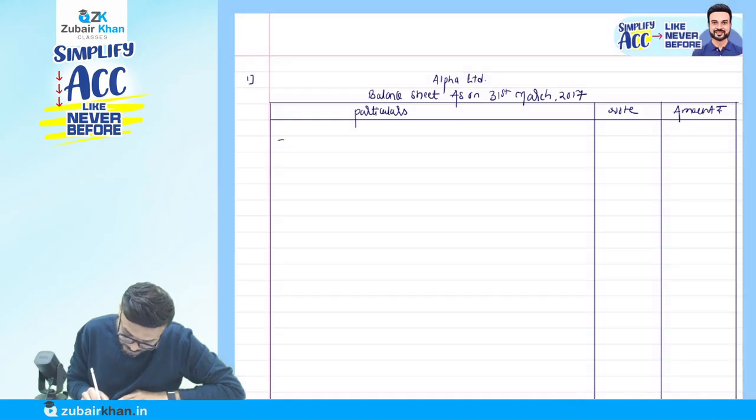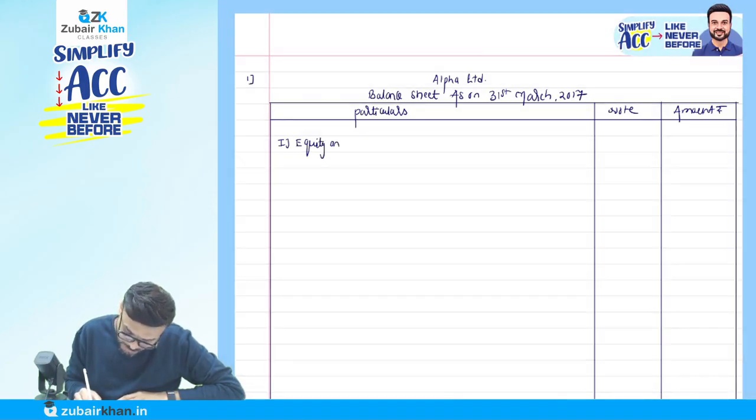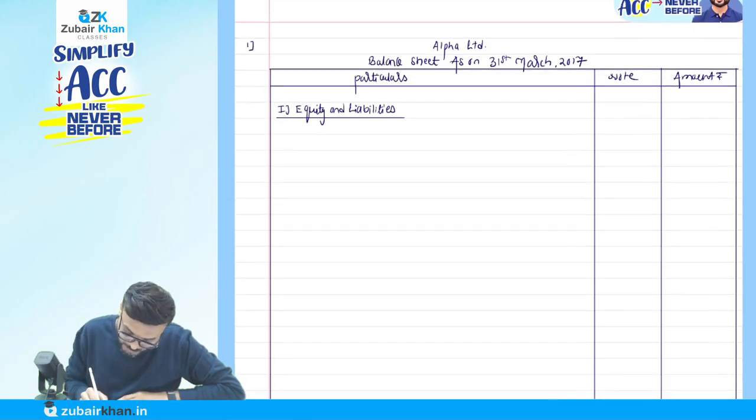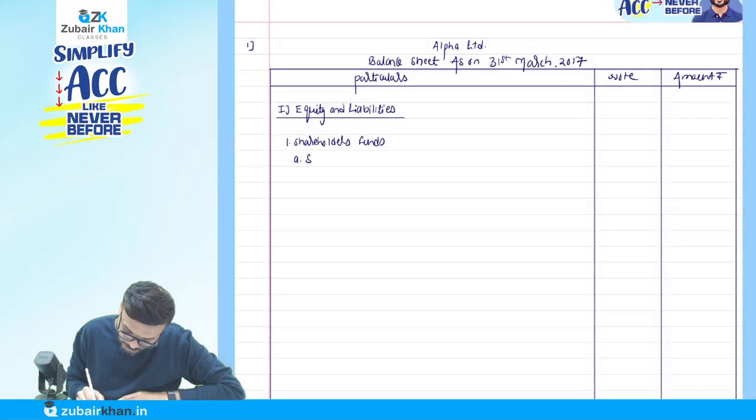First write down equity and liabilities. Draw this for one page. Equity and liabilities here. First, shareholders funds. A point, shareholders funds. A point, share capital.